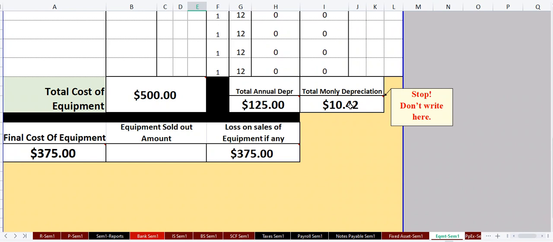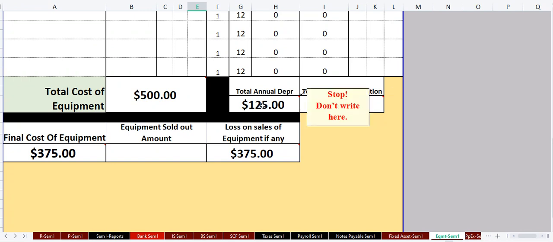So if you observe that you have been paying the depreciation and you have reached a certain level and you want to sell it, this is where you're going to put the amount you sold it for.